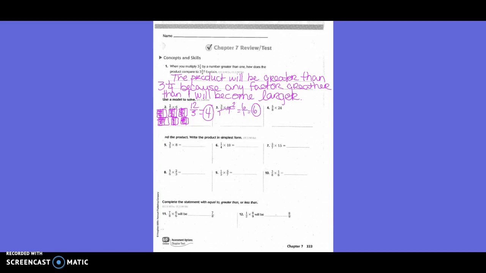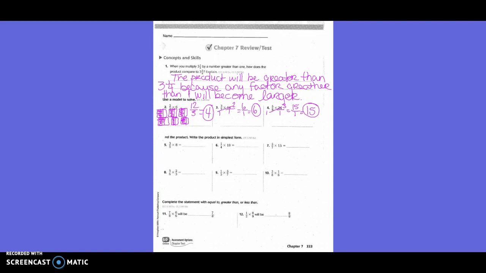Next, 5/8 times 24. What can I make that 24? 24 over 1. Can I simplify before I begin? Yes. 8 goes into 8 once, 8 goes into 24 three times. 5 times 3 is 15 over 1, which equals 15.